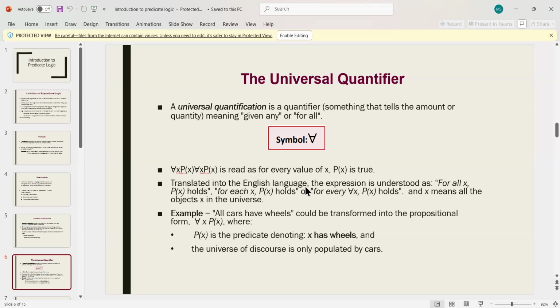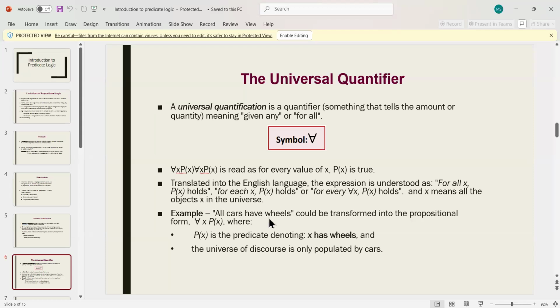Translated into English, the expression is understood as for all x, p of x holds, or for each x, p of x holds. And x means all the objects in the universe; x is in the universe.